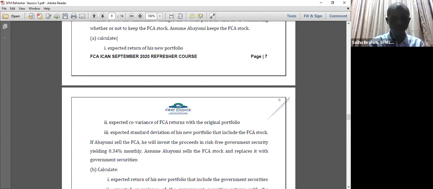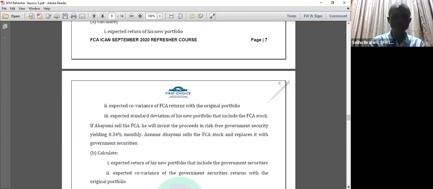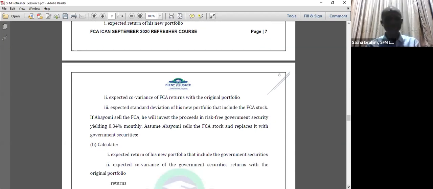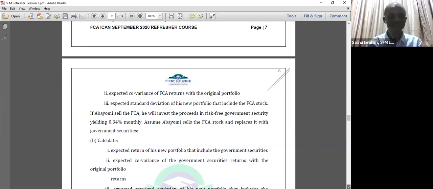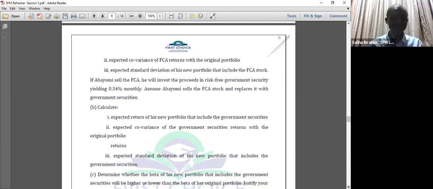B, calculate Roman figure 1, expected return of his new portfolio that includes the government securities. 2, expected covariance of the government security returns with the original portfolio returns. And 3, expected standard deviation of his new portfolio that includes the government security.